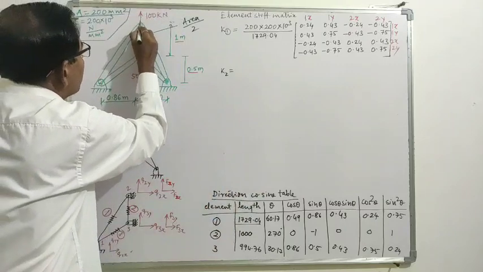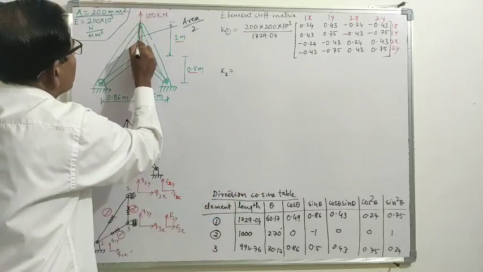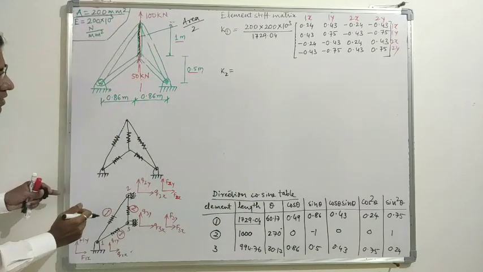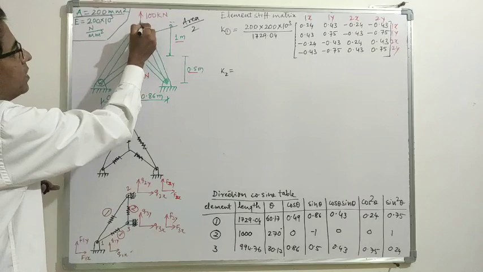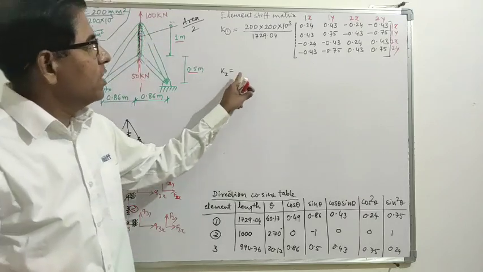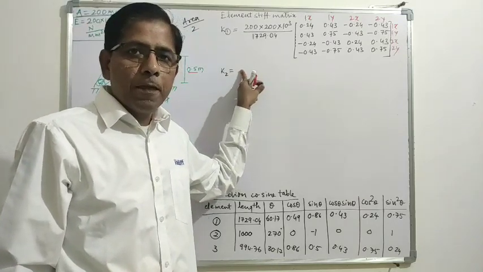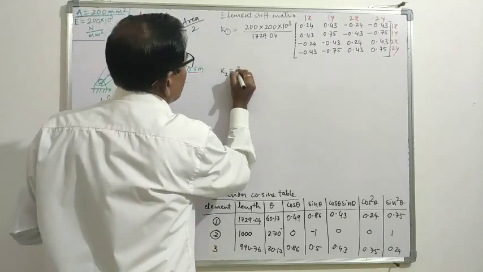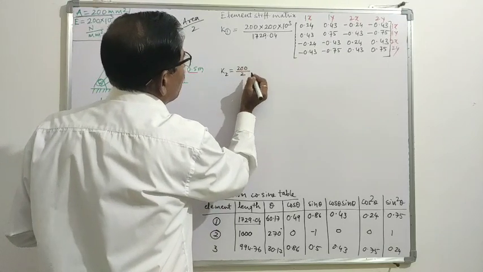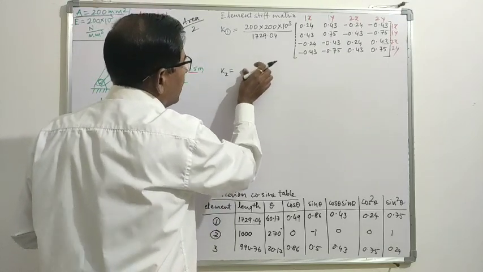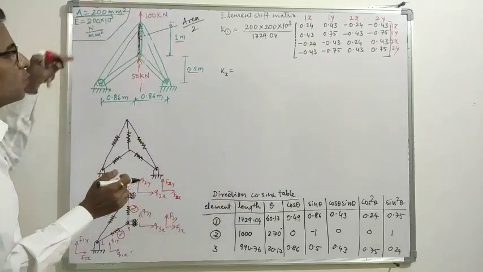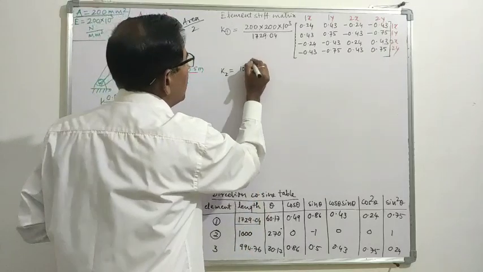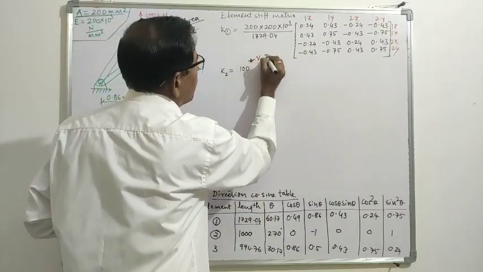Half portion will be there on this side and half portion on this side. So we need to consider only the half area. So total area is 200, and here we need to consider only half area, that is 100. So this is very important.